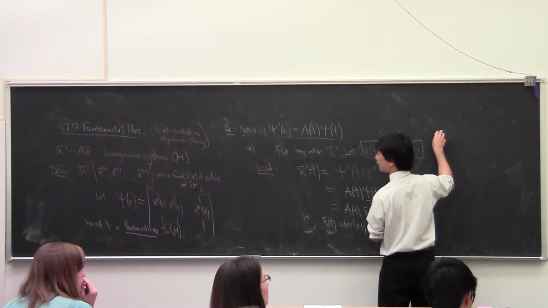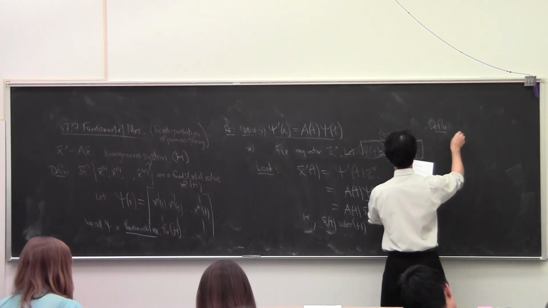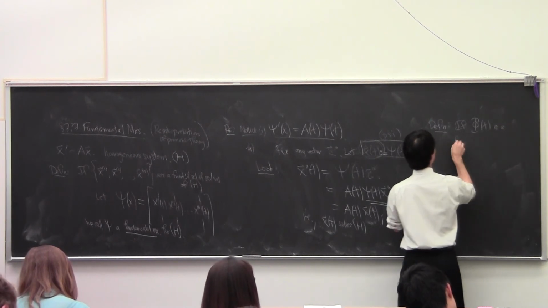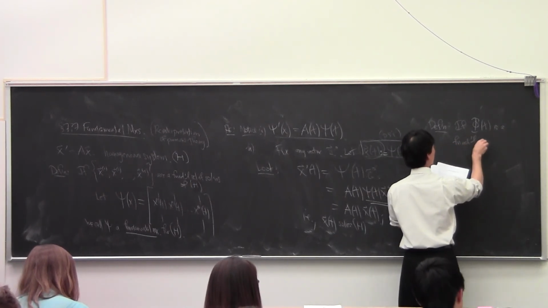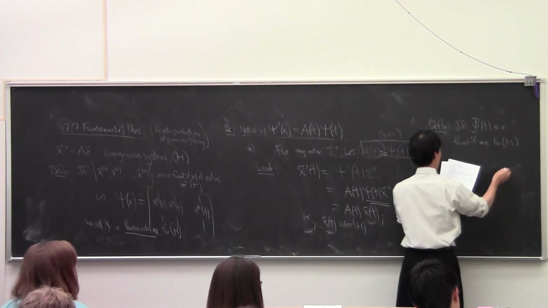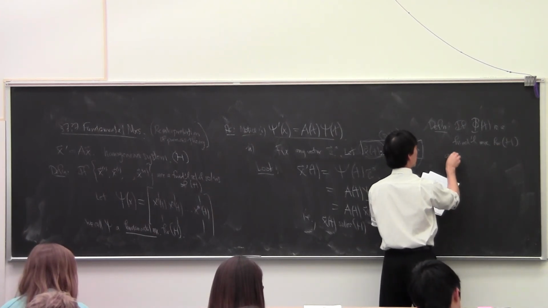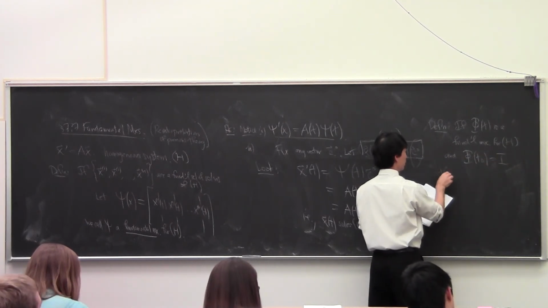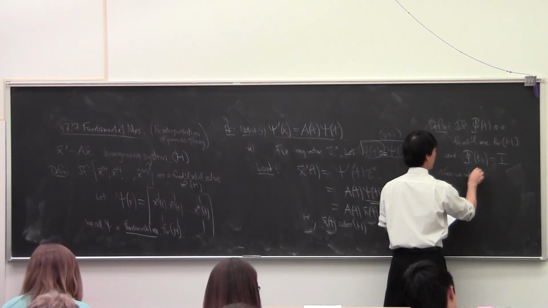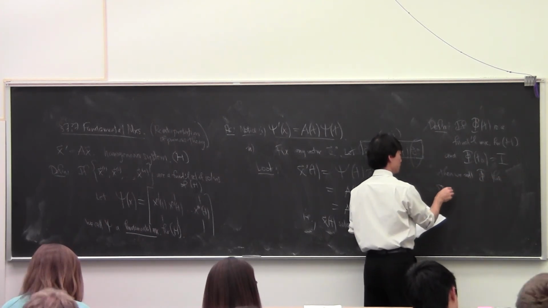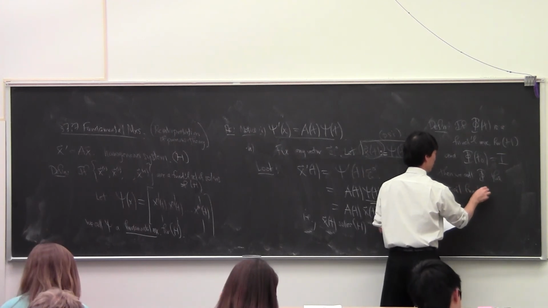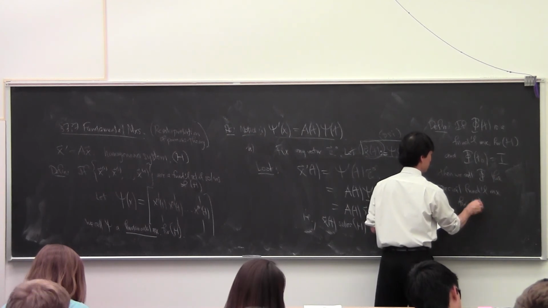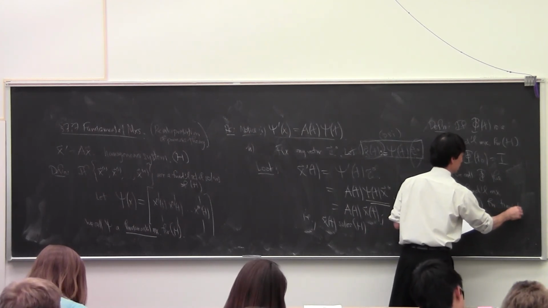Okay. Second definition. If Phi is a fundamental matrix for H, and Phi at some time t naught is the identity matrix, then we call Phi the special fundamental matrix for H for time t naught.